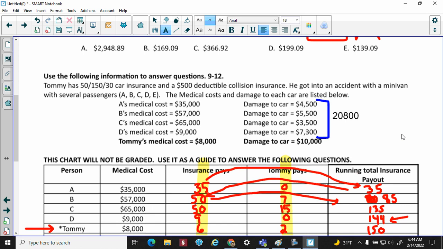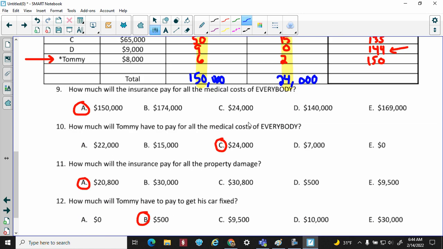Now, 30,000 is what the property insurance calls for, meaning it won't pay more than 30,000. That's the limit. They only need about $20,000. So insurance will pay all of it. So that's where A would be 20,800.